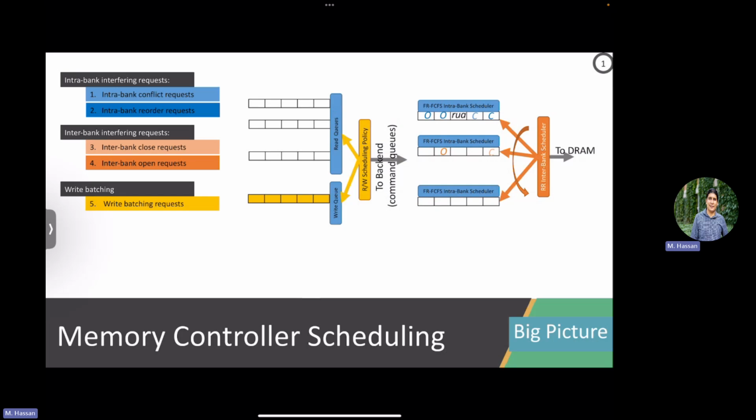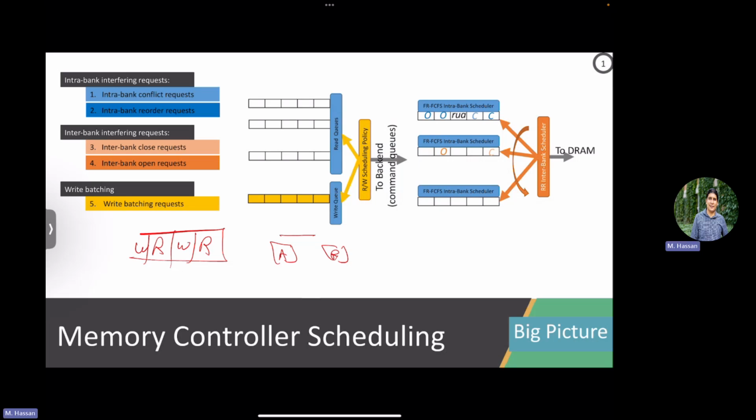Pretty much similar to the row concept, by the way. Like the ping-ponging of rows, you don't want to keep switching rows. Once you open a row, you want to stick to it for a long time. So just to give you an example, assume you have a bunch of reads and writes in your queue. This is a read, this is a write, this is a read, this is a write. If you serve them first come, first serve, assume that you activate first and then do the read, and assume all the subsequent ones are hits.